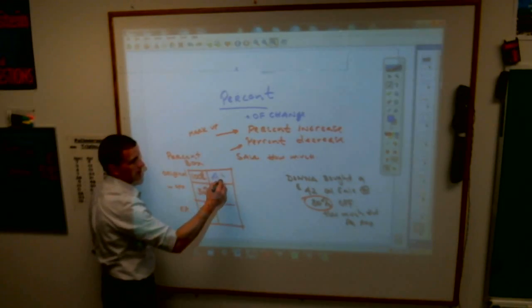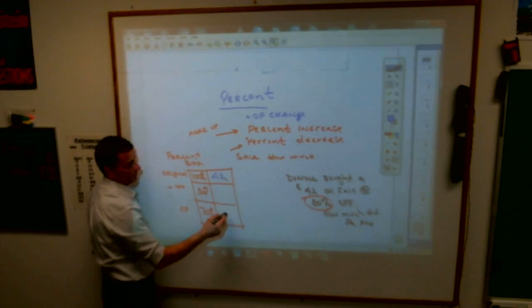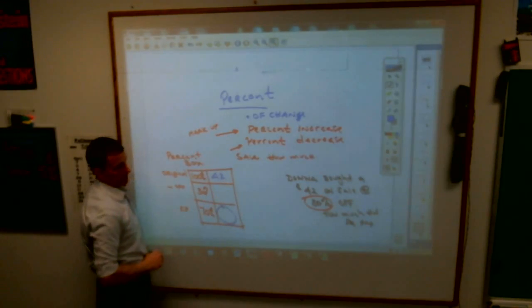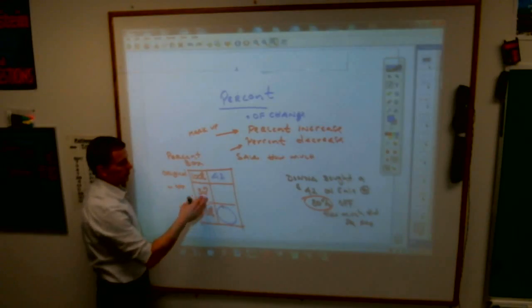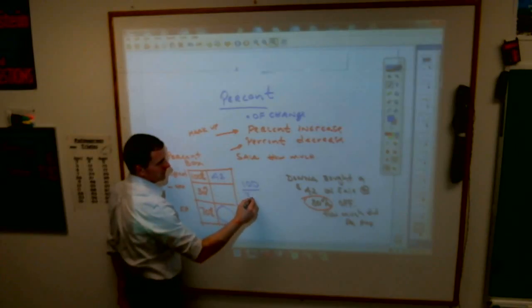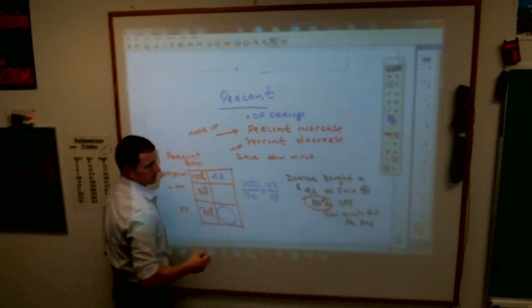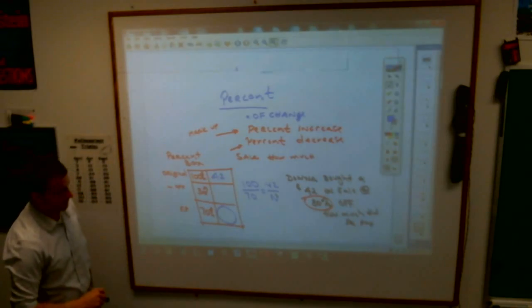So 42 goes there. And you can either figure out how much off she gets, or you can figure your final price. They're asking you for final price, so here's your proportion. You don't have to put the percents there. It's 100 over 70 equals 42 over question mark.